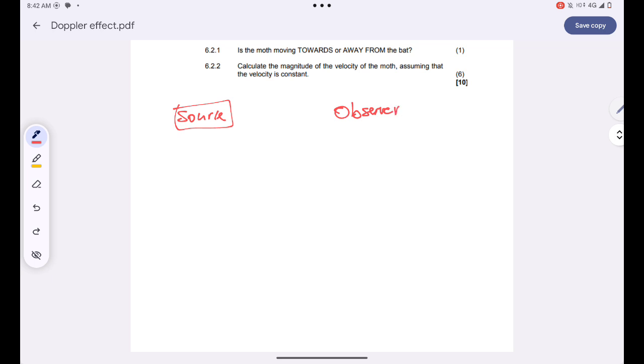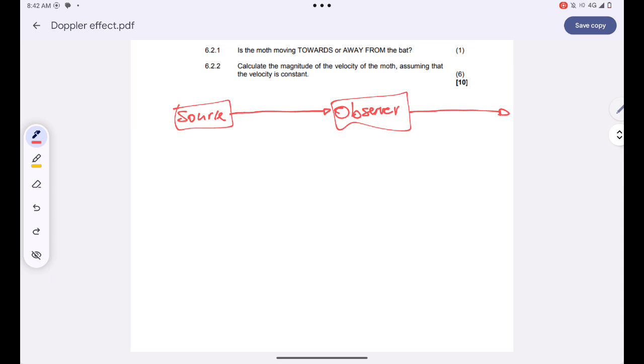So what basically happens here is that the source will move towards the observer, and then the source will move away from the observer. Are you together? So the observer will detect two different frequencies. As the source is moving towards the observer, the observer will detect a higher frequency, and when the source moves away from the observer, the observer will detect a lower frequency.